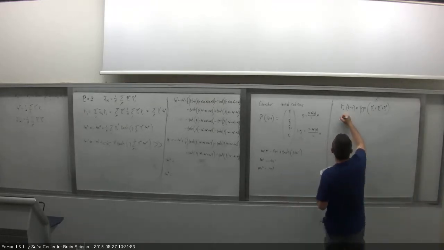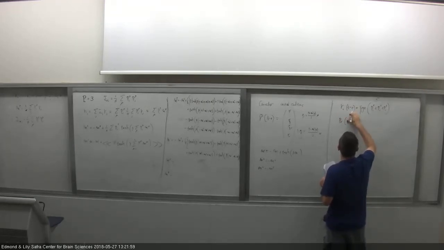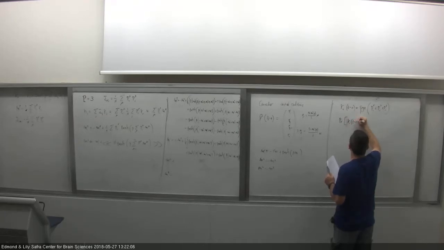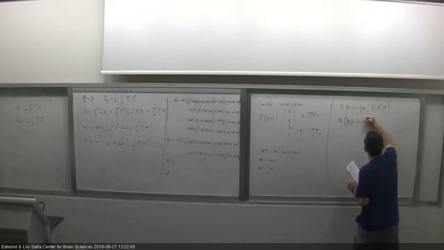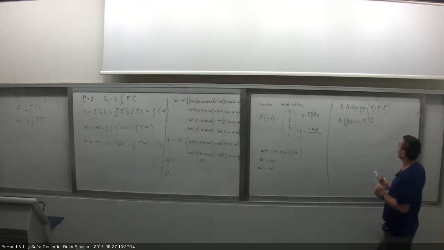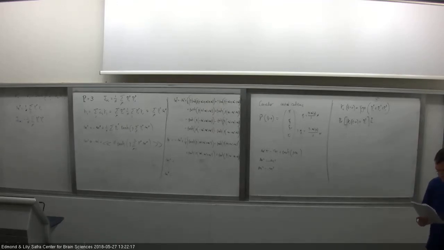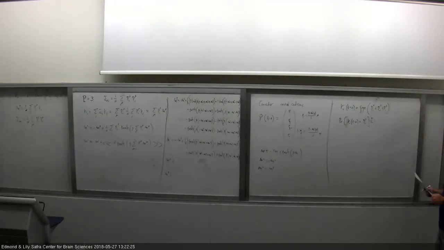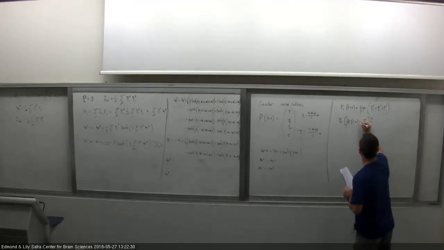So what's the probability that the activity of neuron i at time t equal to 0 is equal to xi 1? Or let's do the complementary calculation.